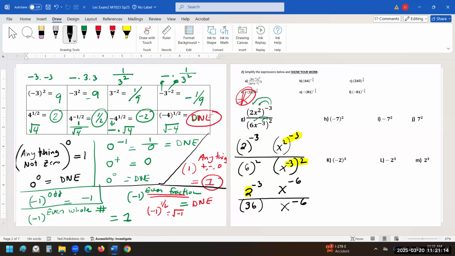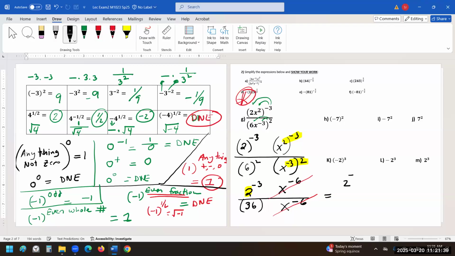So this question was actually very easy. You see the exact same thing, x to the negative 6, x to the negative 6. So you don't even have to bother converting them into positive. As long as you have the exact same thing, they cancel out. But if you did convert them into positive, no problem. But you don't have to.